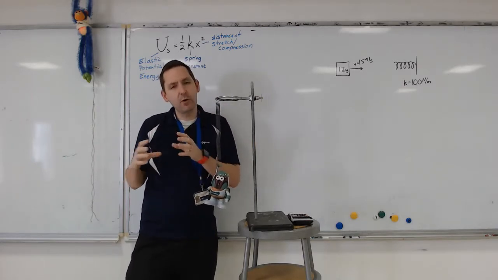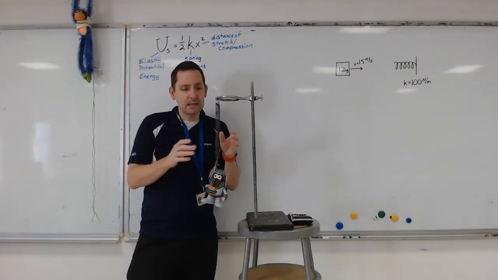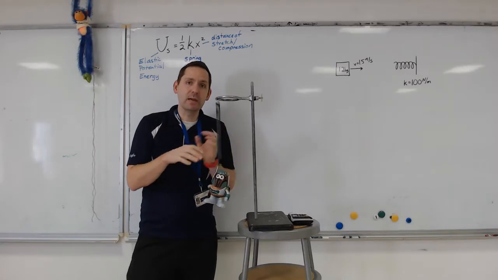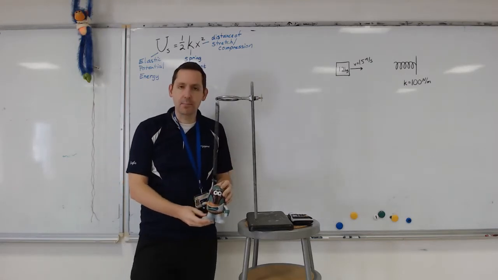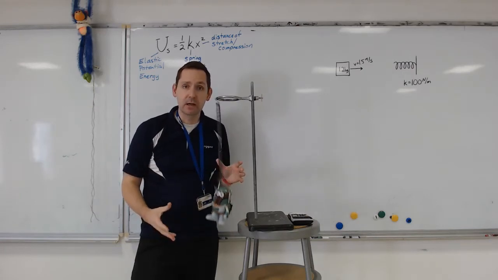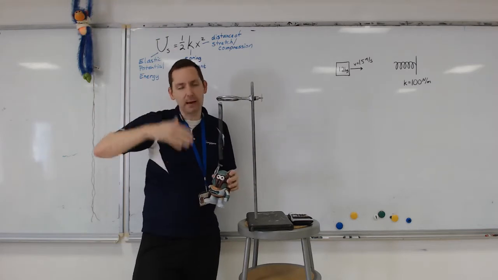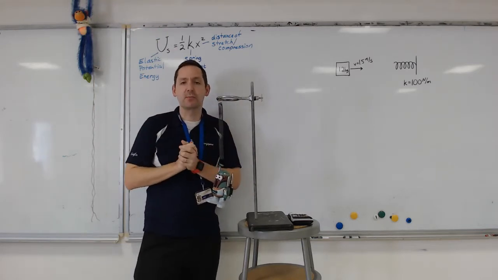Now, just like before, there's a couple of different ways that we can look at this. One of those ways is that we can look at the spring as being an external force. I pull him down, and right now the forces are balanced. When I release, the spring pulls up on him initially, and then he kind of bounces up and down. We'll get to that at some other point in time.